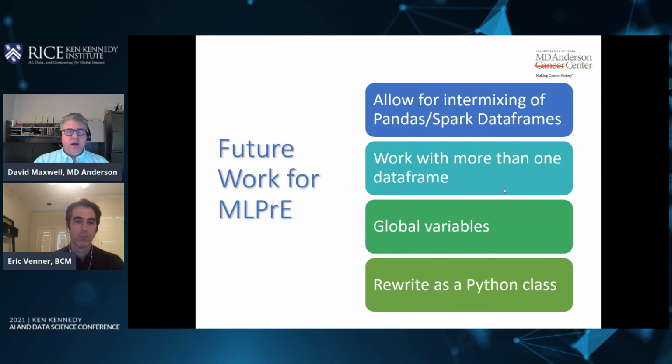I've recognized the need for having some global variables that pass through. Right now, the data frames are essentially what's passed between each of the stages, but sometimes it's useful to have variables that hold on to that through the different stages. And finally, rewrite this more with Python classes.